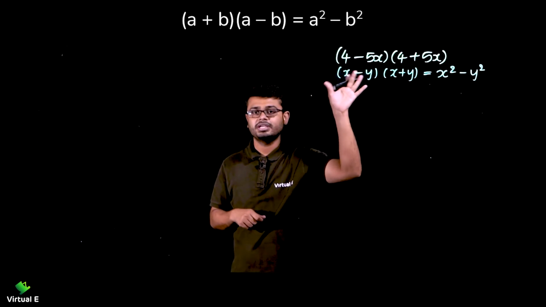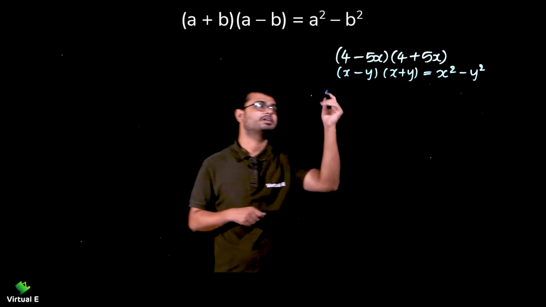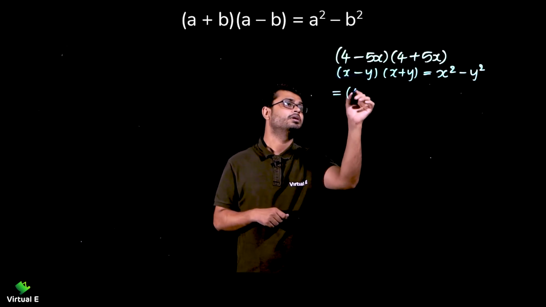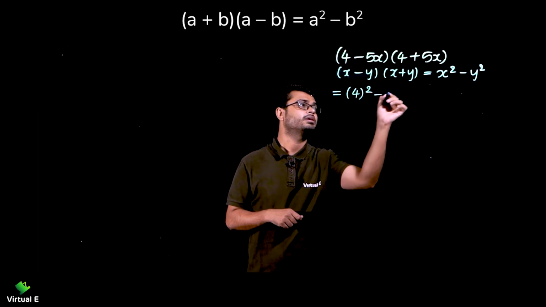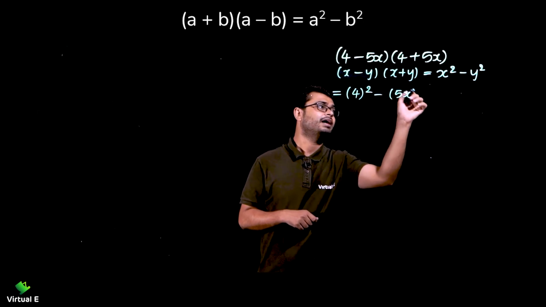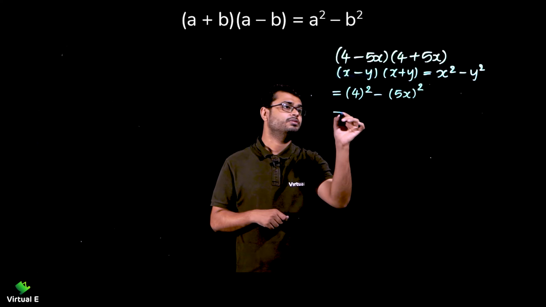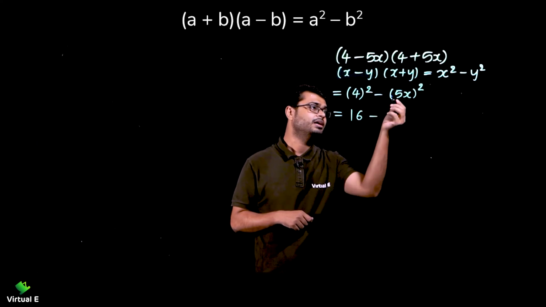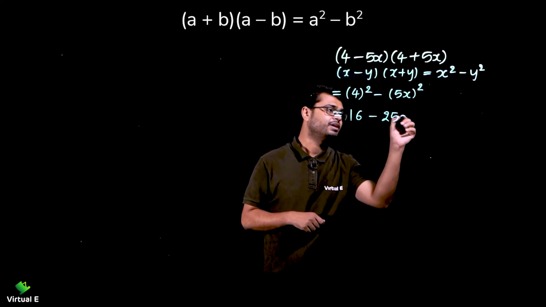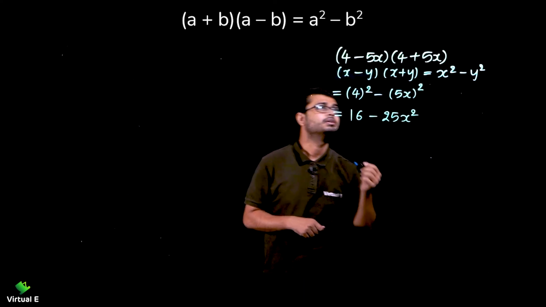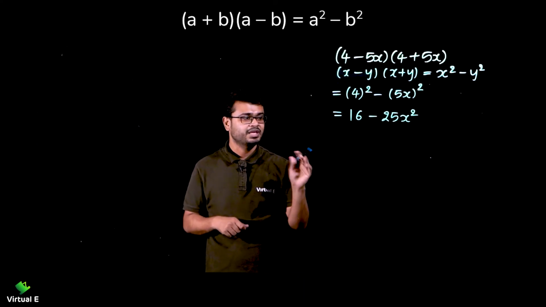We just need to do the individual squares and subtract them. That's very simple. So let's do here 4 square minus 5x whole square. So 4 square is 16 minus 25 x square. So that's the answer. Very simple to do.